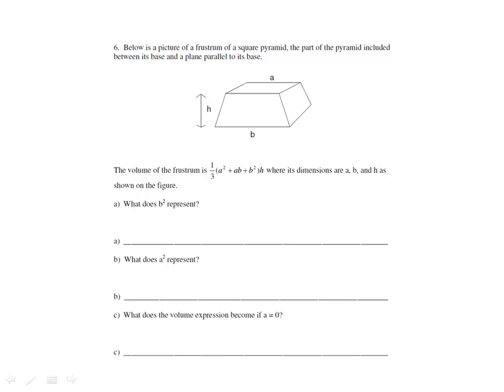Well, you can see that it says it's a square pyramid, so b would be the dimensions of the bottom base there, the area of the base. So you could call that the area of the base, since it's a square.